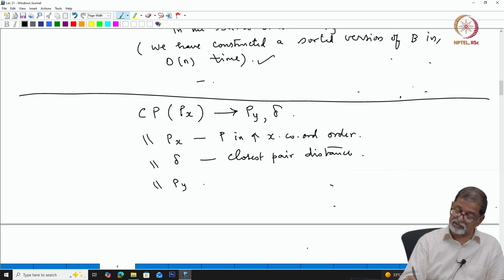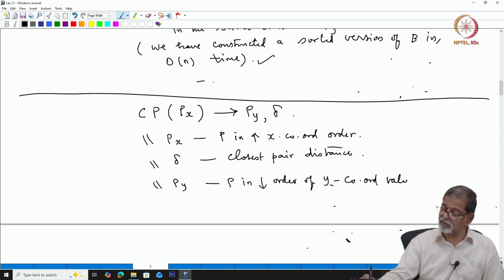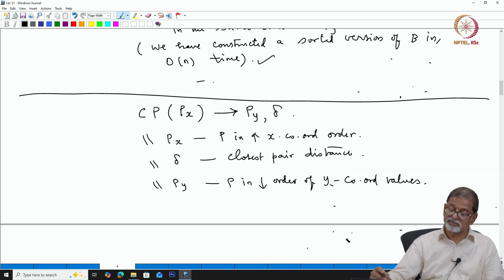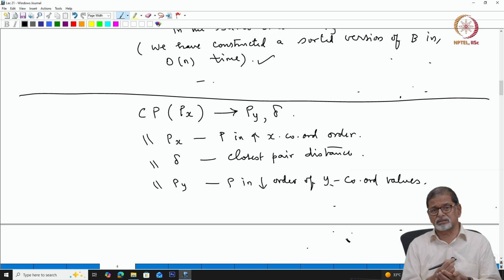Py is the set of points in P in increasing order of y coordinate values. Okay. These are the comments.